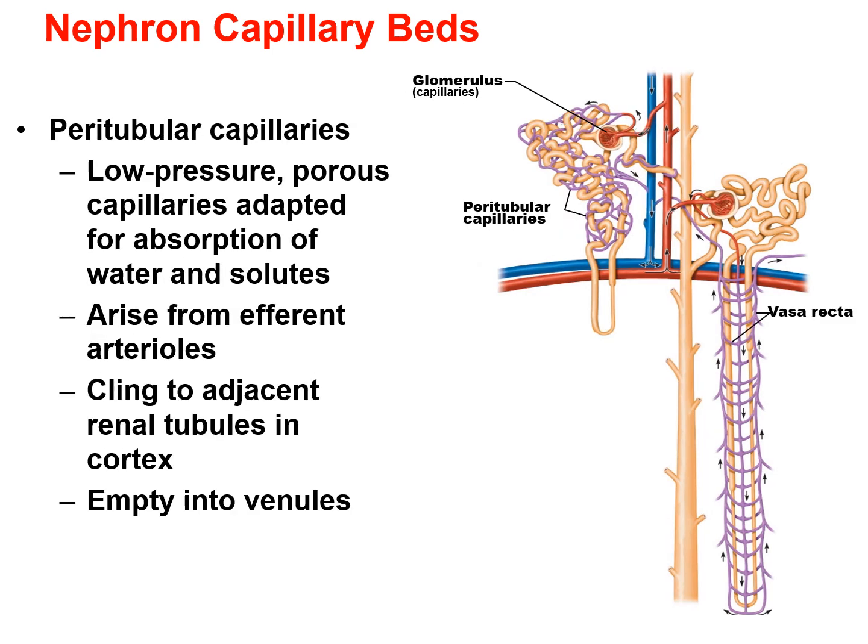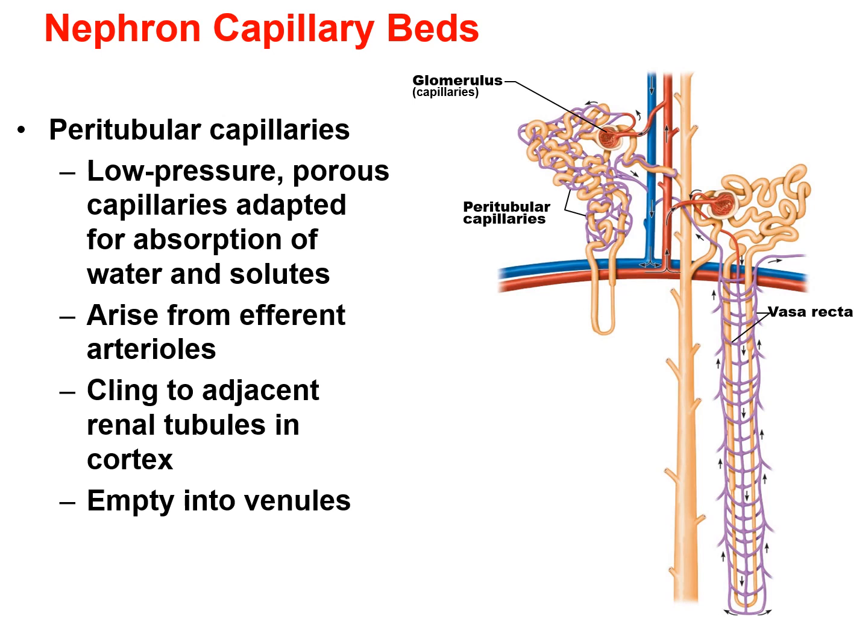Peritubular capillaries are going to be low pressure and very porous capillaries, and this is going to allow them to be really involved in reabsorption of good solutes and water that you don't want to lose in your filtrate. So it's involved in reabsorbing water and solutes from the filtrate back to the blood.